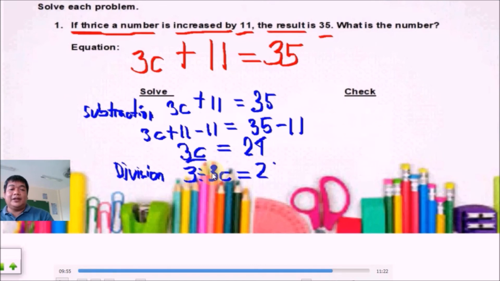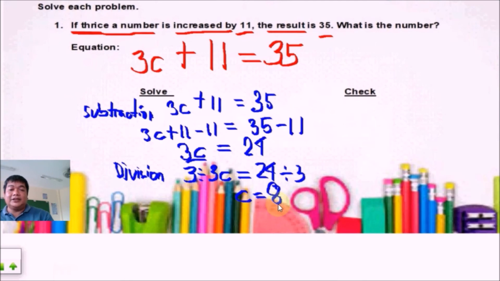So 3c divided by 3 is equal to c. Then 24 divided by 3 is 8. So the value of c here is 8.